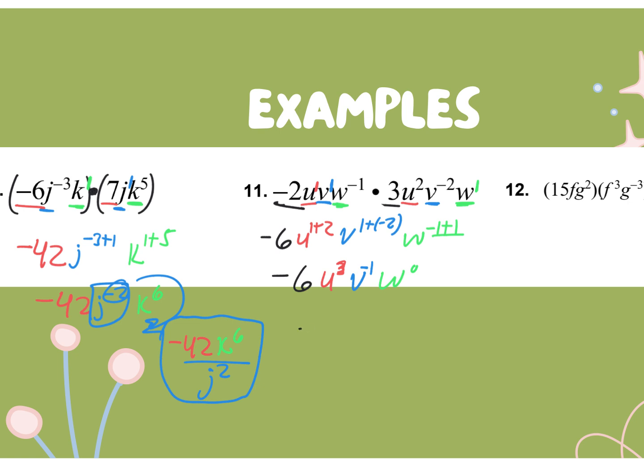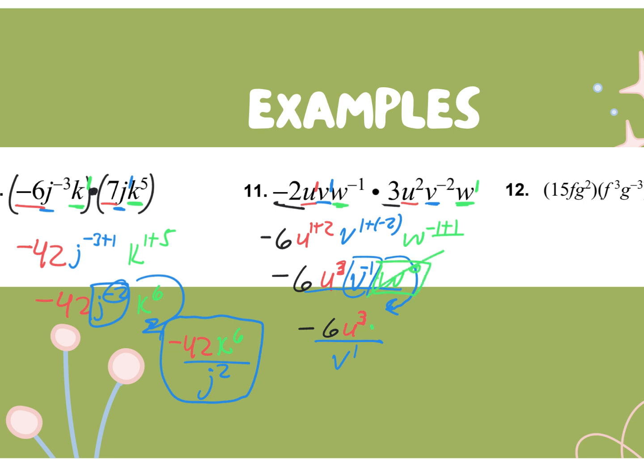So this is going to get me a negative 6. U to the 3rd, that stays the same. There's nothing more that you could do to that. And then a v to the negative 1, right? If you have a negative in the exponent, you're going to move that to the bottom of this expression. So it's going to become over v to the positive 1. And then w to the 0, anything to the 0 power, hopefully you remember this from last time also, is 1.